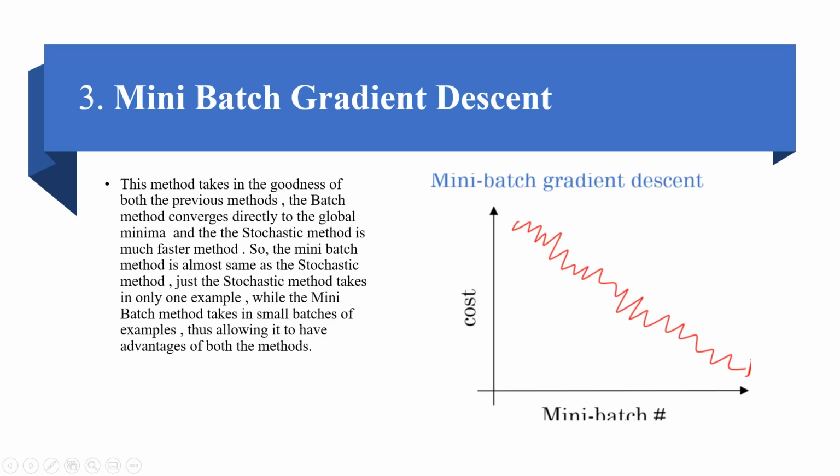And the third one is the mini batch gradient descent. This method takes the best of both worlds. It takes the goodness of both previous methods, the batch method and the stochastic method. In the batch method, the more data, the better insights you get, and the stochastic method gives you speed. So let's take both of them and combine them to make a better method.